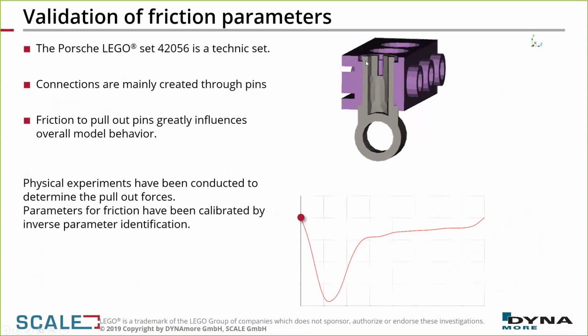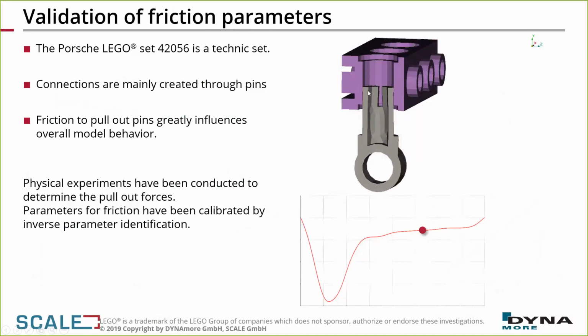And as you can see here, while you're pulling it out, the pin gets squeezed up here. So the material property, the stiffness of the material, directly influences the amount of force which you'll need to pull out the pin. And also the friction is important because the friction between the pin and the technical beam here determines how high the force is while pulling it out.